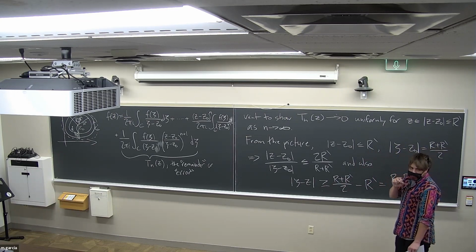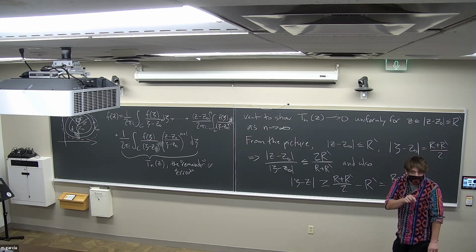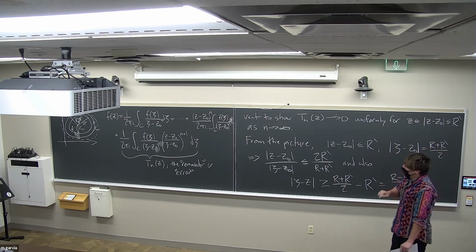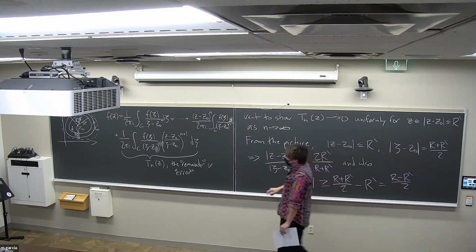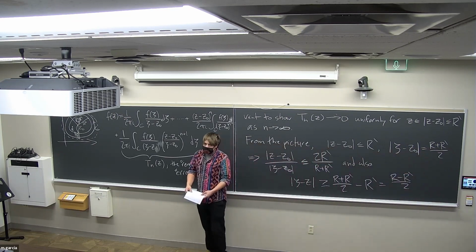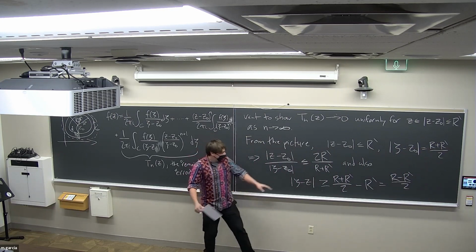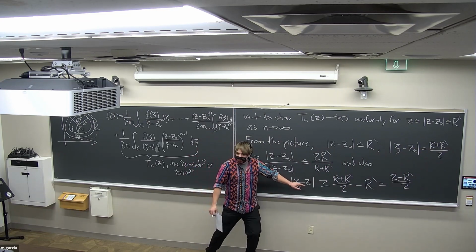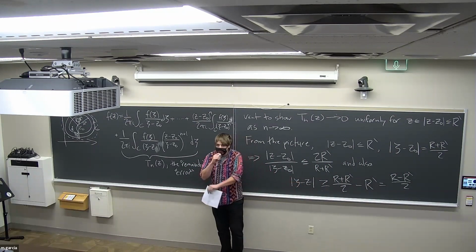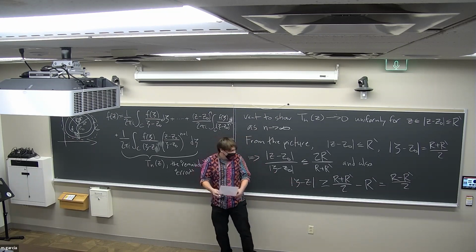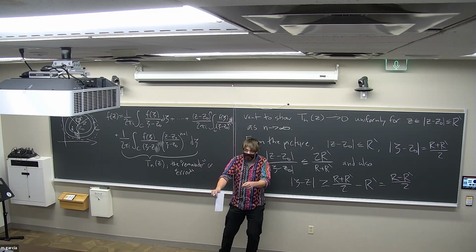It's just the difference between the radius of the outer circle, the contour C, and the radius of the inner circle. So this is essentially the boundary of the circle of radius r, and then zeta will be on our contour C, so it has to at least be that difference.